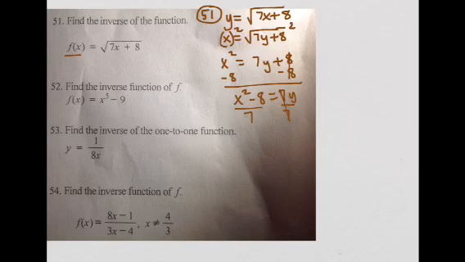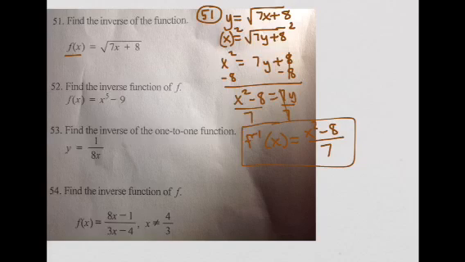So I change the notation. So f inverse of x equals x squared minus 8 divided by 7. Here's my inverse right there.